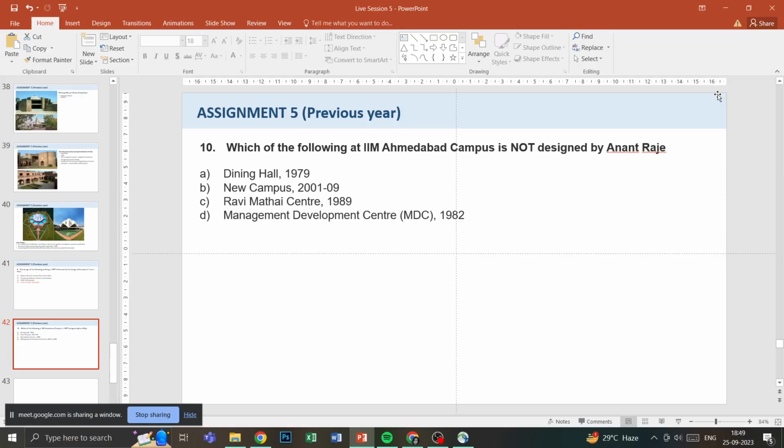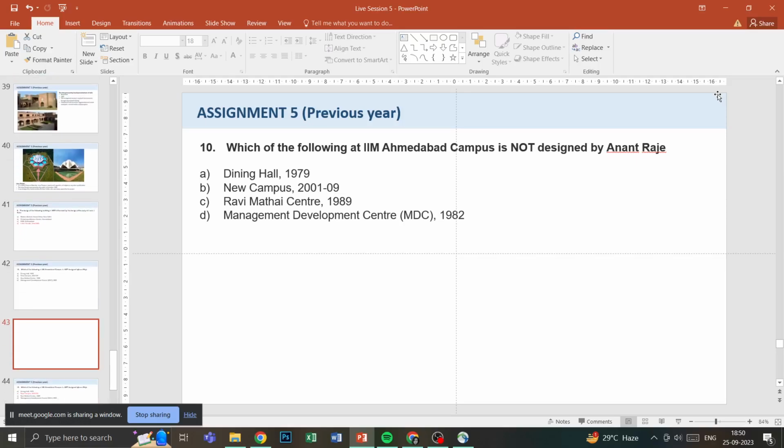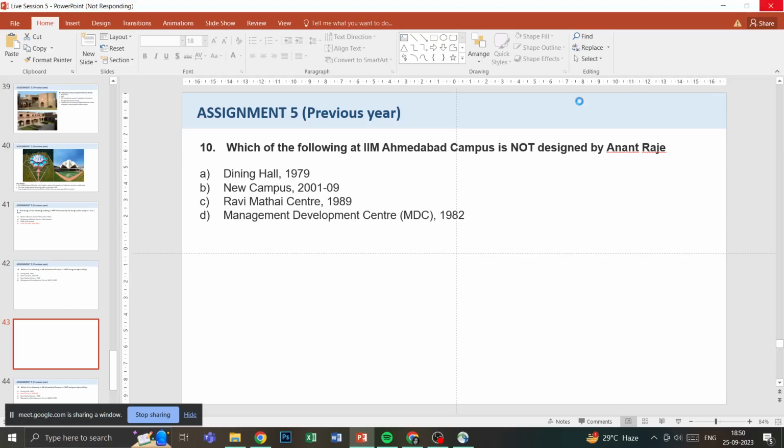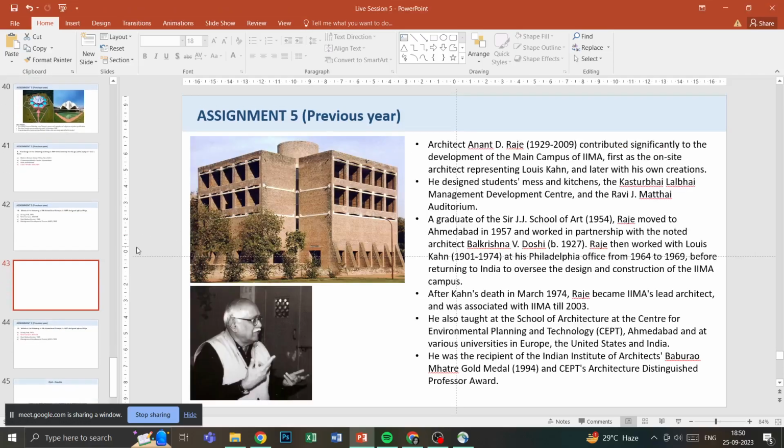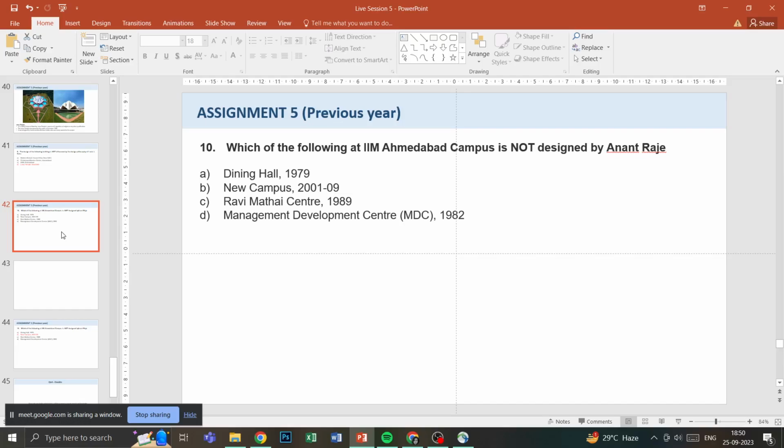Coming to the last question of the session, which of the following at IIM Ahmedabad campus is not designed by Anant Raje?